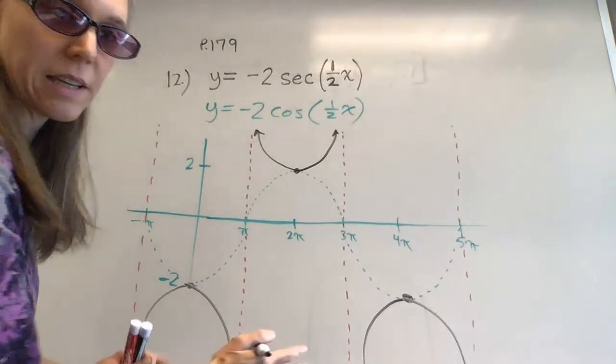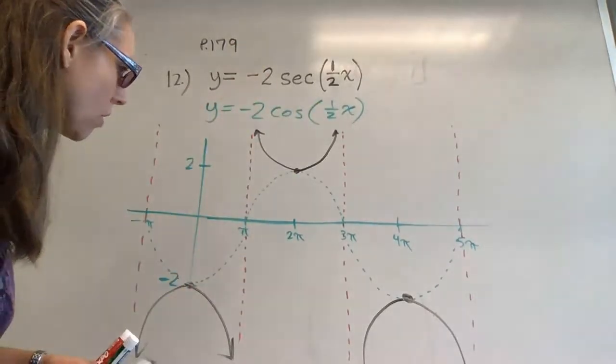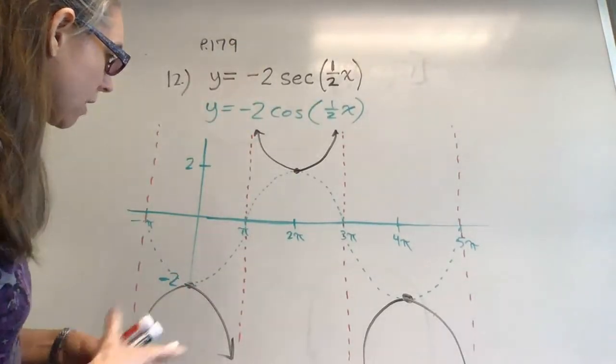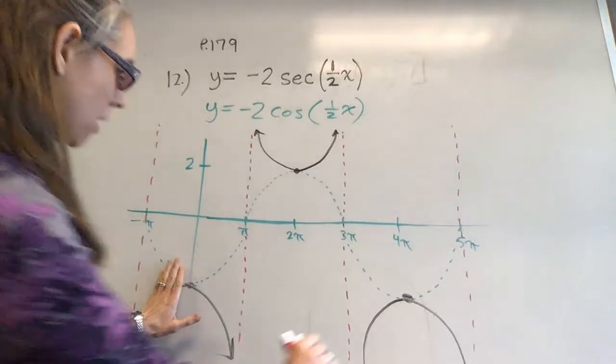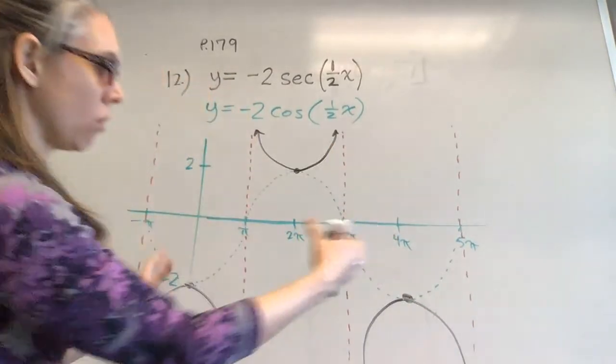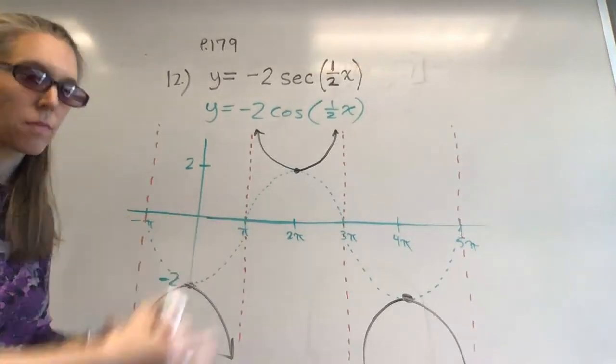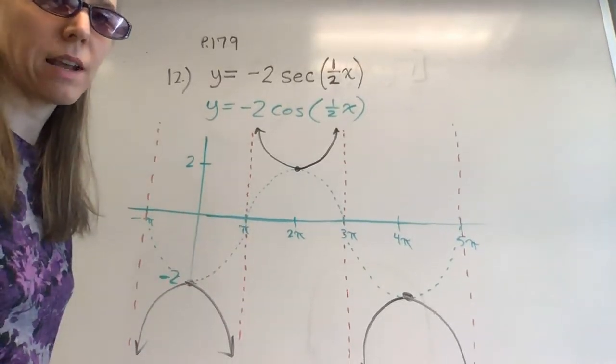So you only needed 2 of these 3 U-shaped things to make one period. And technically you could have stopped here and had 2 halves and 1 whole, as long as you end up with 1 full period somehow. That's number 12.